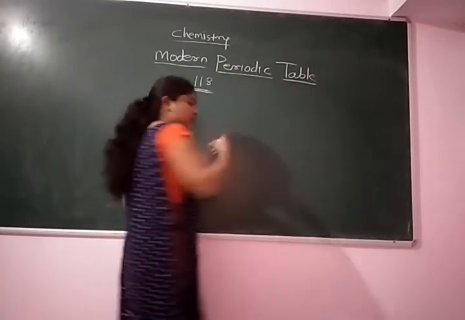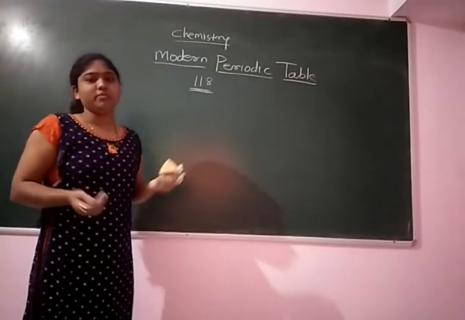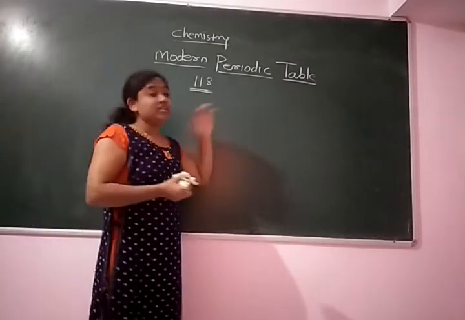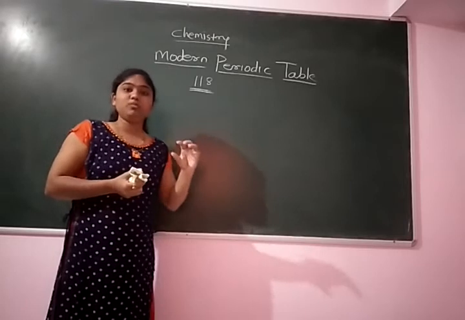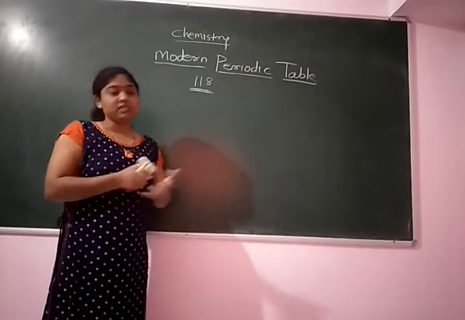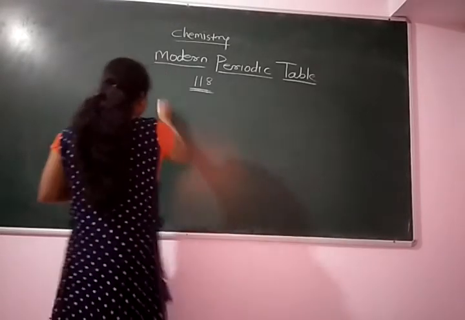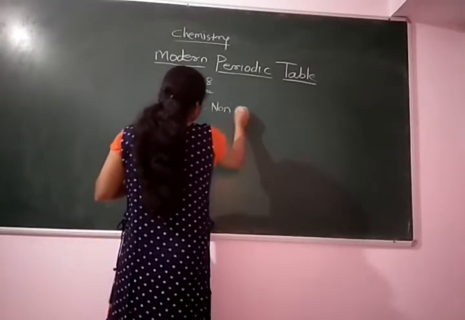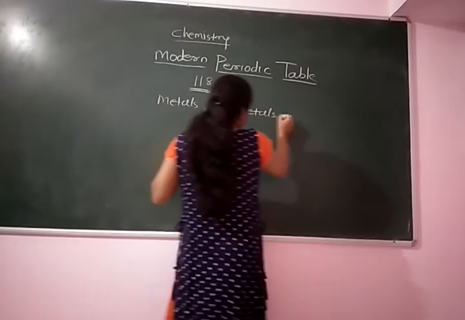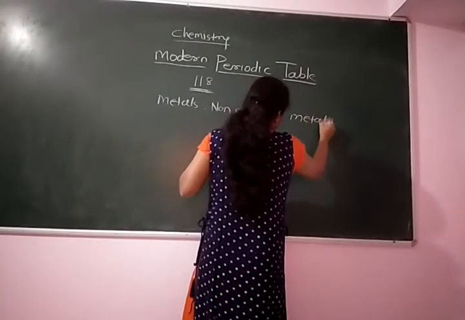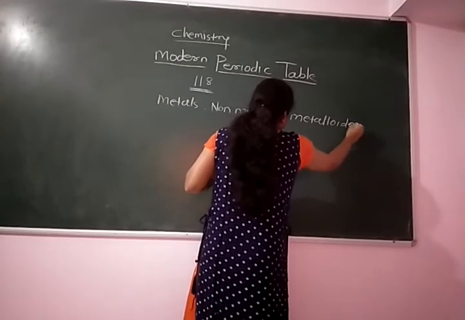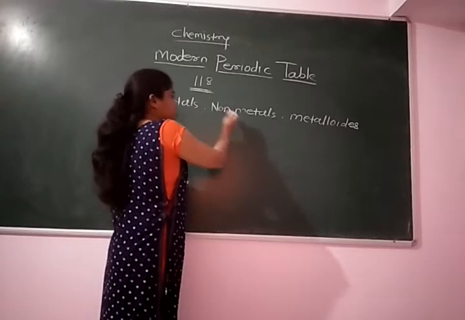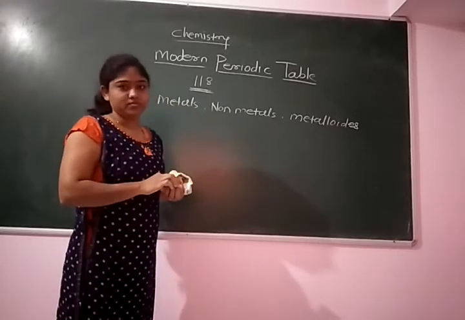First of all, these 118 elements are classified into three types: metals, non-metals and metalloids, on the basis of their physical properties.